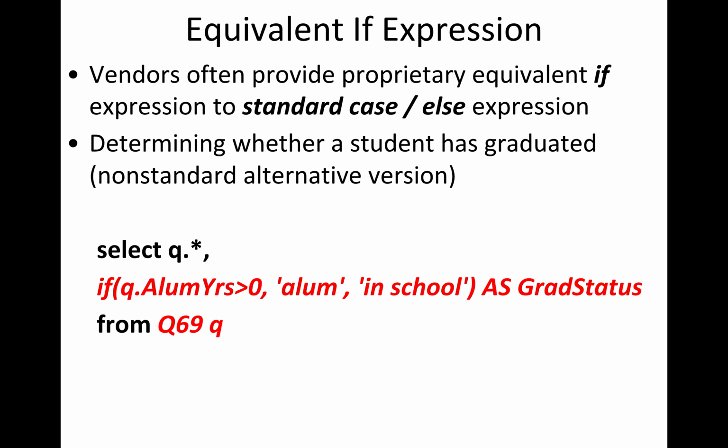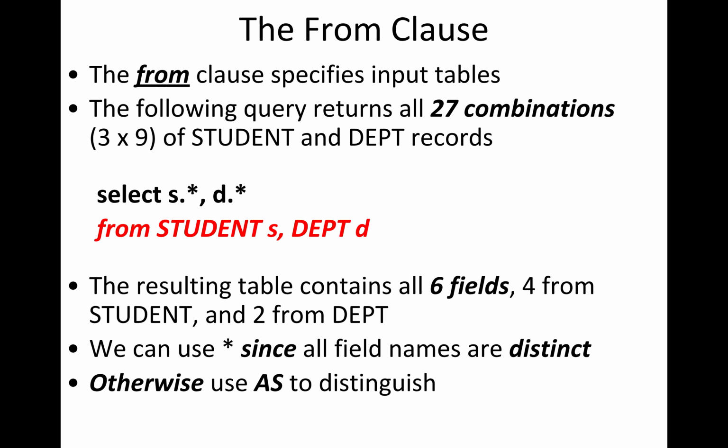If it's true, it returns alum. If it's false, it returns in school, and then a particular name, renaming that particular field. All right. So if you just have one single predicate, then this is certainly more convenient. But if you have multiple, the case is more convenient.